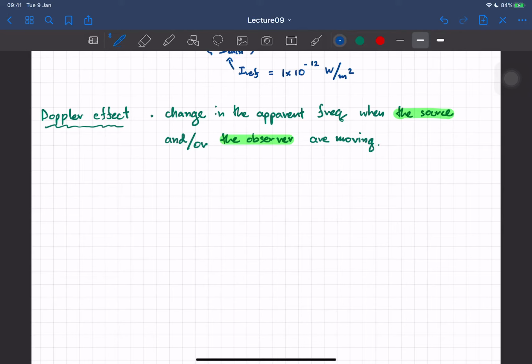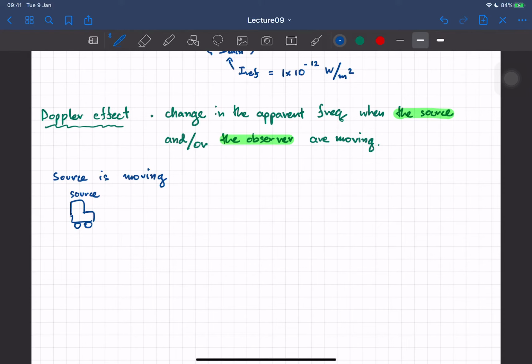So the first case we're going to look at is when the source is moving. Let's say you have an ambulance, and the ambulance we call the source, because this is the one that is giving out the sound wave.